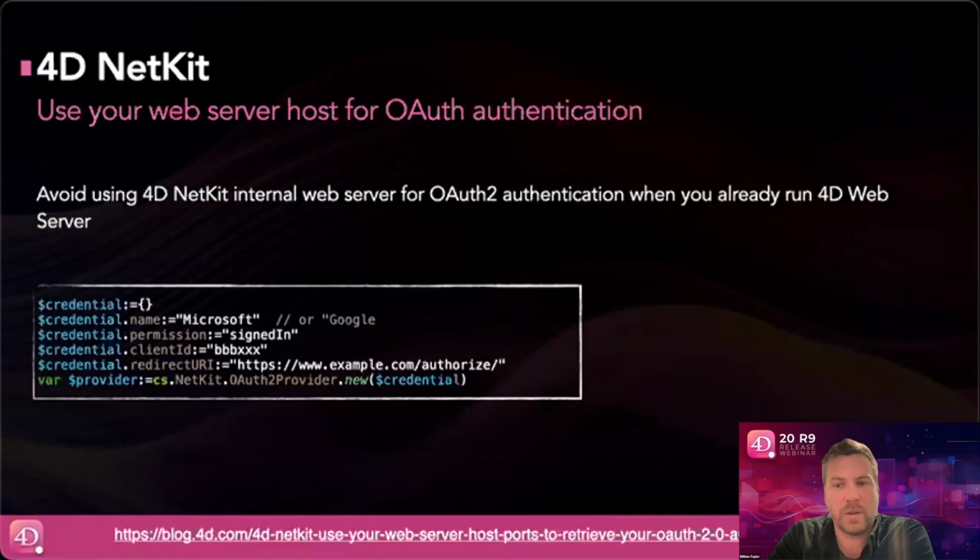In order to make this work, you'll need to set up your route in your HTTP handlers JSON file, as explained in the blog posts. So why is it cool? It simplifies your setup. You don't have to deal with an extra server port, and you keep full control over your HTTPS and domain handling. And you avoid exposing an internal server that you may not need.